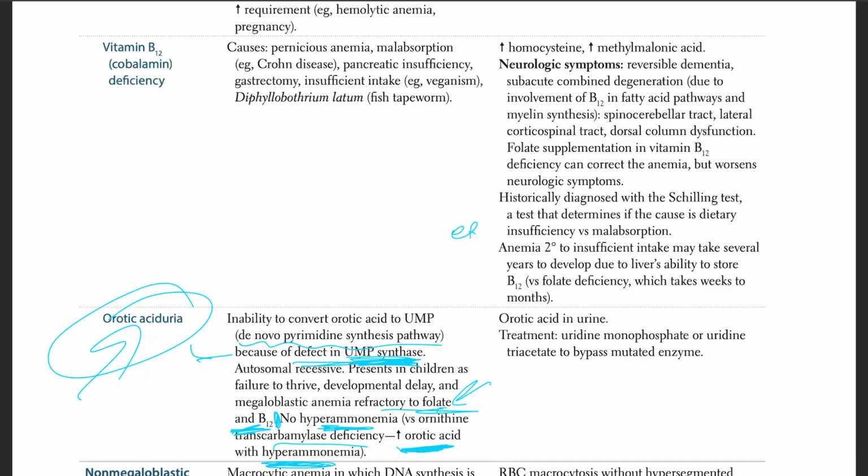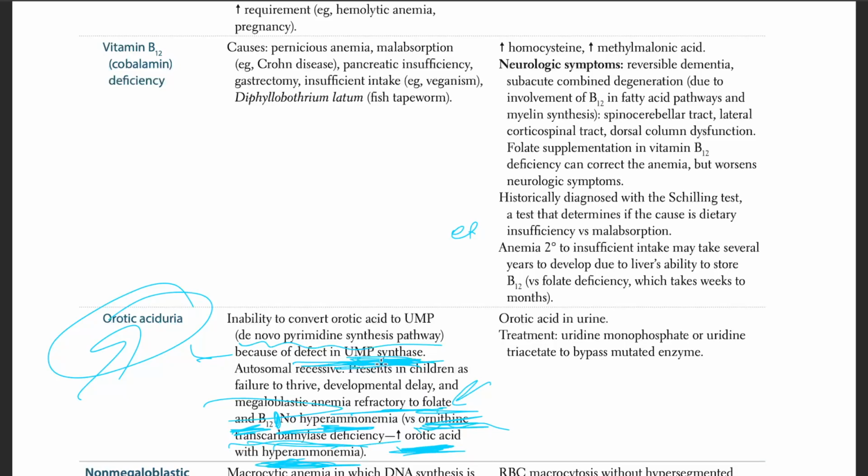You don't have the UMP synthase, and failure to thrive, developmental delay, megaloblastic anemias which are refractory to folate, but importantly, no hyperammonemia. Versus if you were to have an ornithine transcarbamylase deficiency, this is a UMP synthase defect. That is ornithine transcarbamylase deficiency. You will have hyperammonemia.